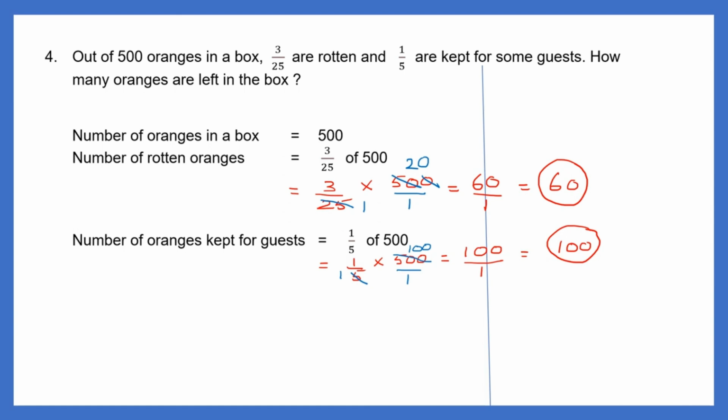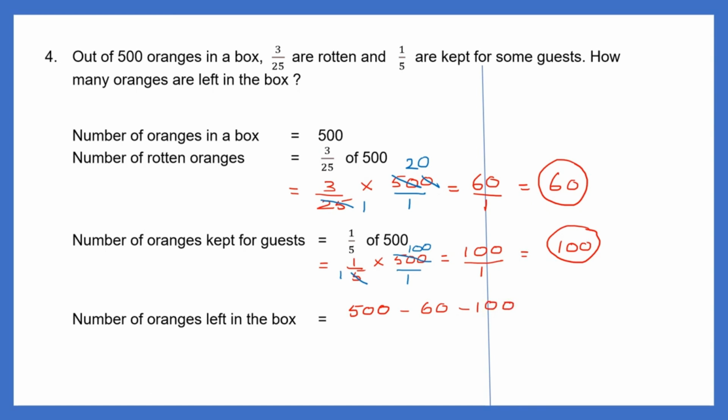Now how many oranges are left in the box? Okay, number of oranges left in the box. Now first, how many do we have? We have 500. From that, let us take away the 60 rotten oranges and also take away the 100 oranges. So it is 500 minus 60 minus 100.